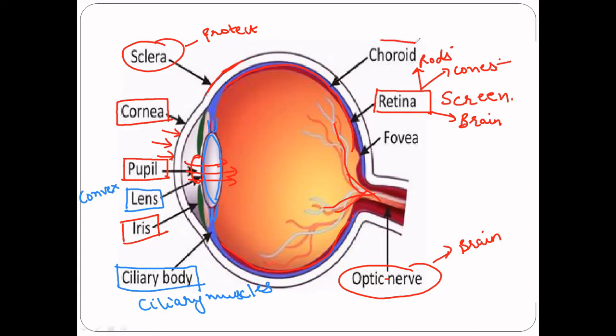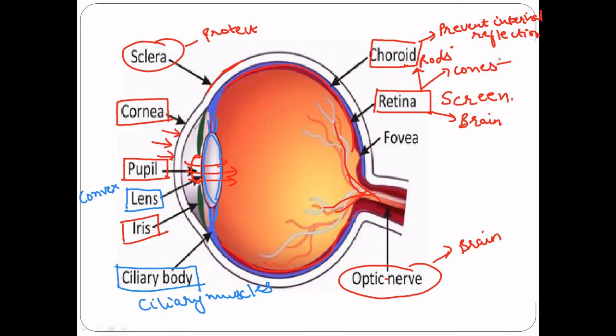Next is the choroid. This choroid prevents any internal reflection on the retina. So it provides a darker layer on the screen.